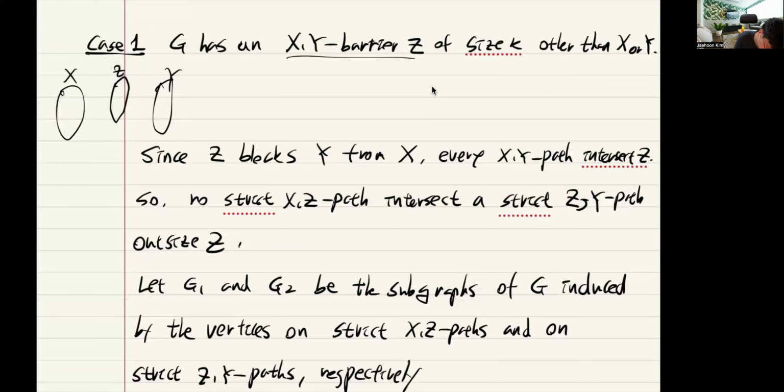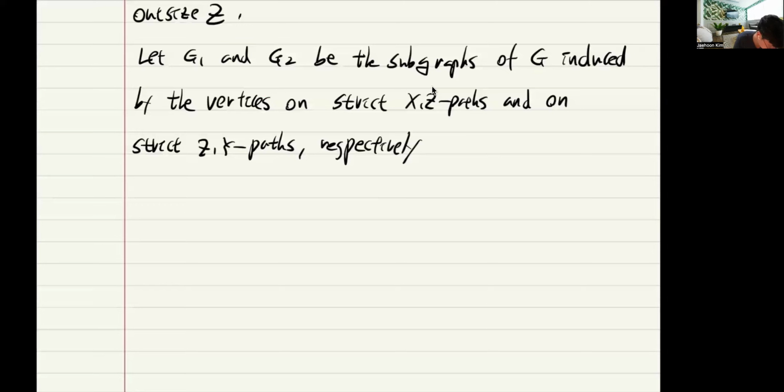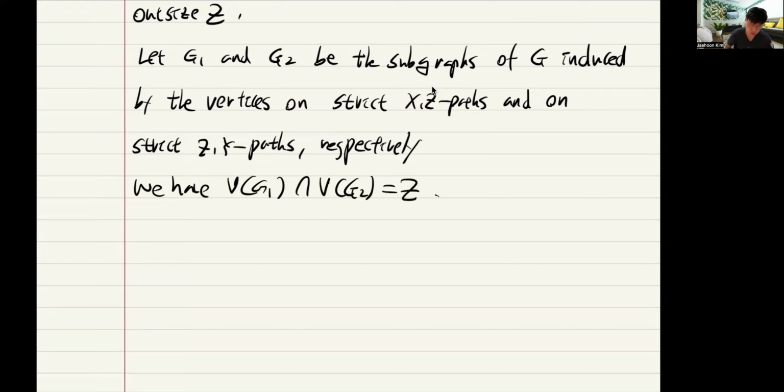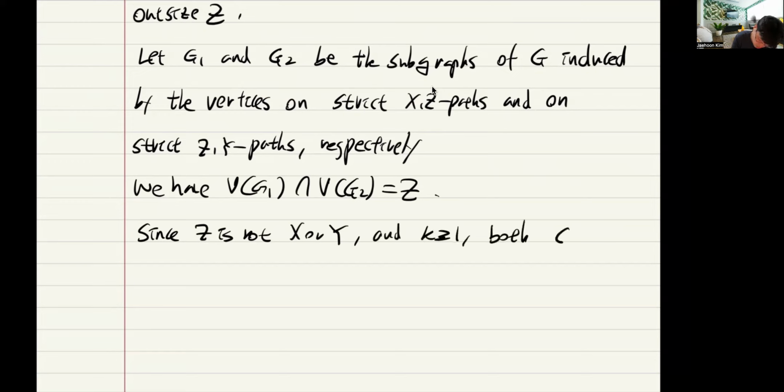So that defines G1 and G2 as we wanted. Then we have that the vertices of G1 and the vertices of G2 intersect only at C. Then what happens? Since C is not x or y, and k is at least 1, both G1 and G2 have fewer vertices than G.